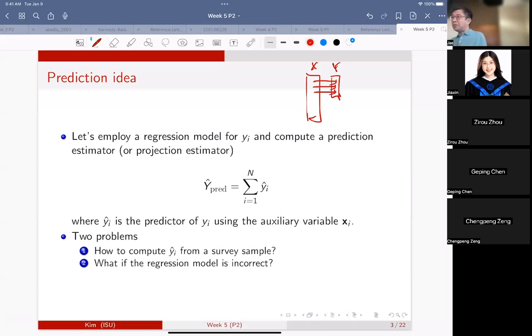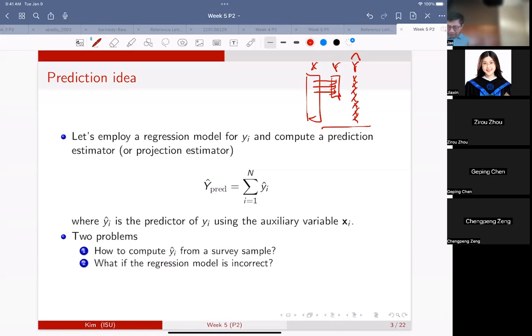You learn the relationship from the sample data, and then use that to predict all the elements in the population. Then you can create Y hat throughout the population, and use that to estimate the population total.